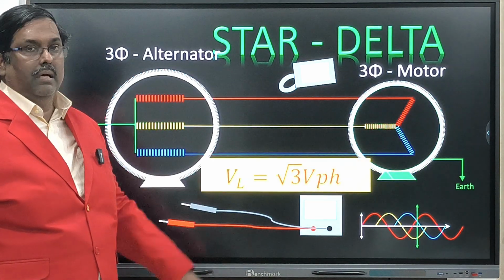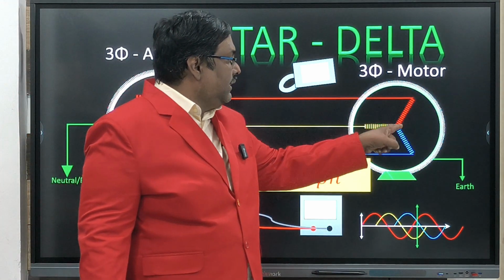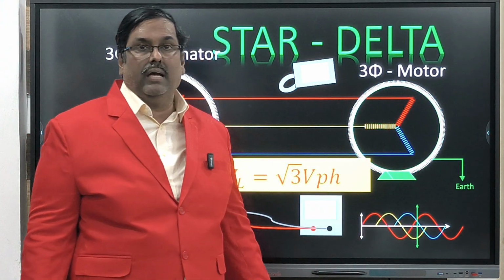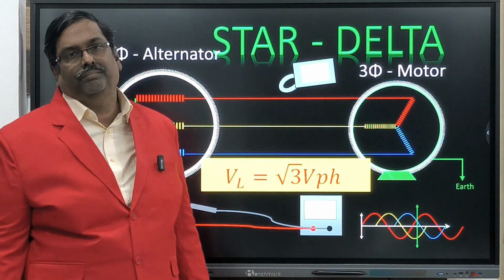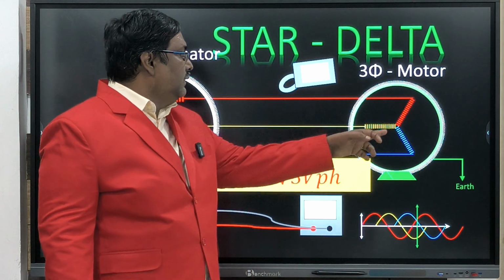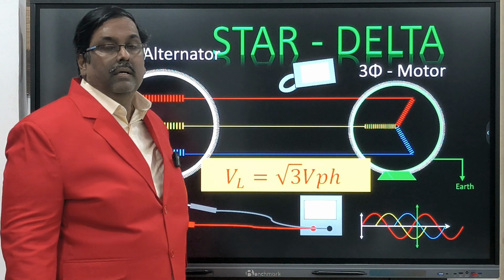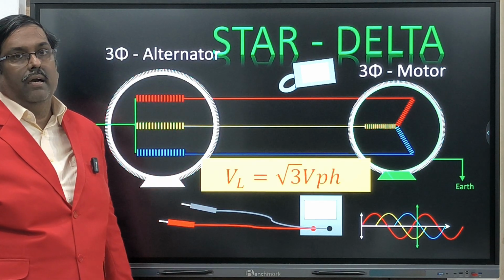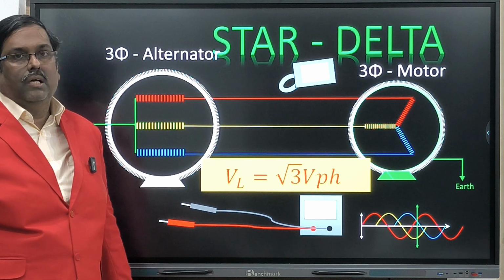And the current is in series. At that time I told you we give current to only two phases, and the third phase will be the return path. If you give current through red and yellow, blue will become the return path. So always we give current through only two phases. All three phases we don't give current, because it will get short circuit.